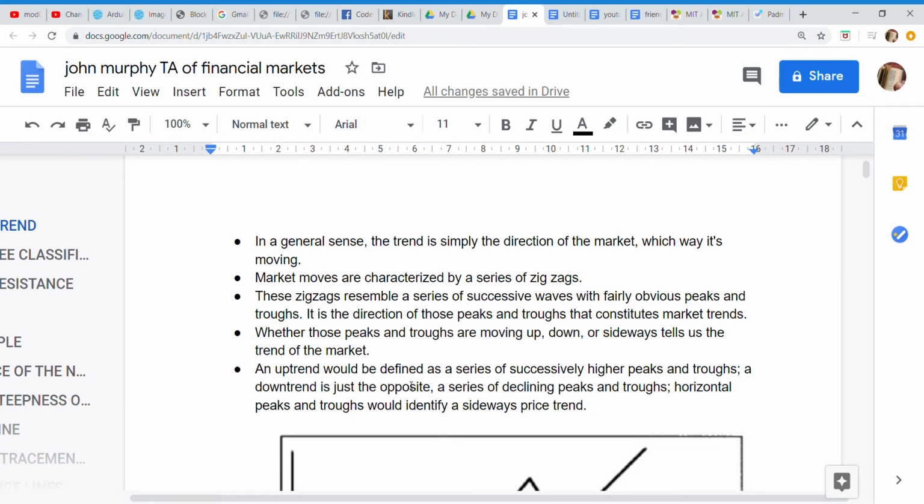An uptrend would be defined as a series of successively higher peaks and troughs. A downtrend is just the opposite: a series of declining peaks and troughs.